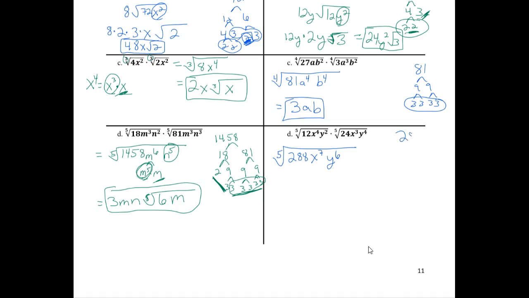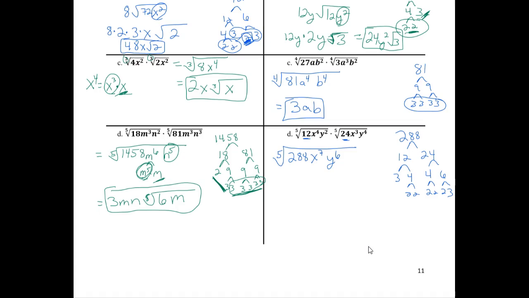I'm going to factor that 288. Again, I'm not going to overthink it. It was 12 times 24 to start. Factor that. 12 is 4 times 3, 24 is 4 times 6. 4 is 2 times 2, and 6 is 2 times 3.